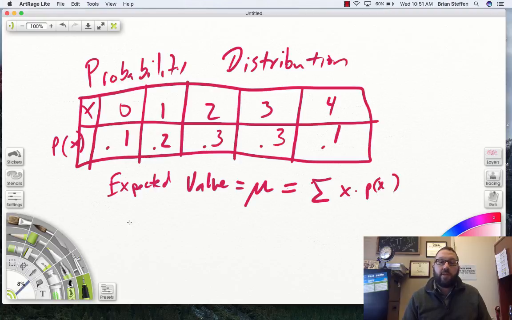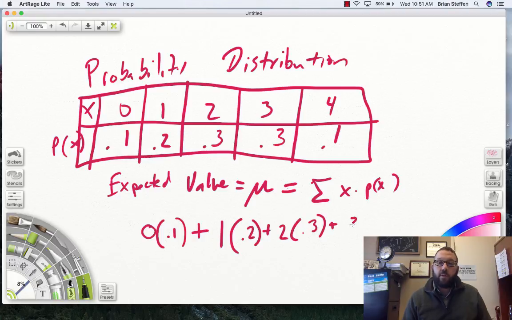So I take each x value. In the first case, I have 0, and then I multiply it by its probability, which is 0.1. The capital sigma means I add, so I'm going to add the next thing, and the x value is 1 times its probability, which is 0.2. And then I'm going to have 2 times 0.3 plus 3 times 0.3 plus 4 times 0.1.